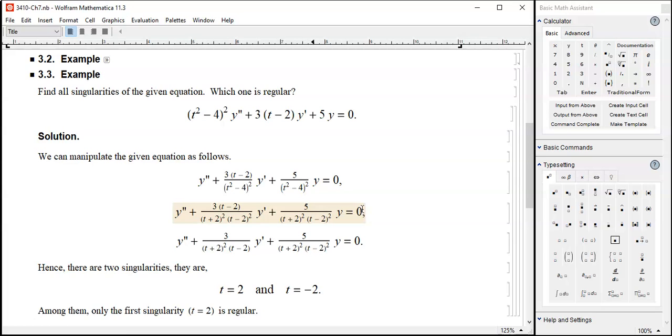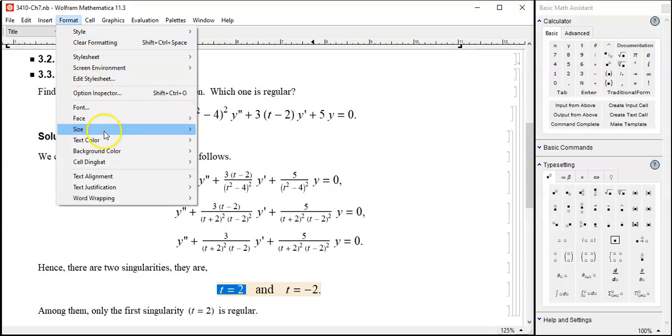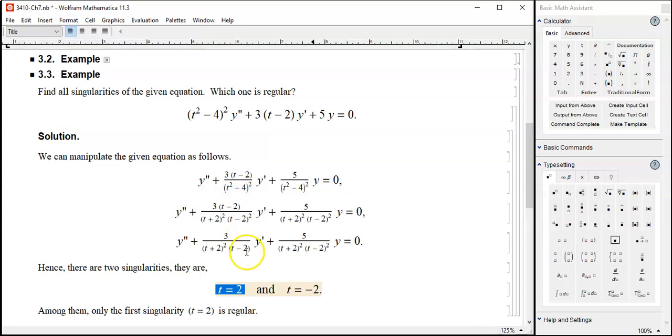Both can become 0, so at t minus 2 equal to 0, at that point we have a singular point, t equals 2, which comes from this factor.